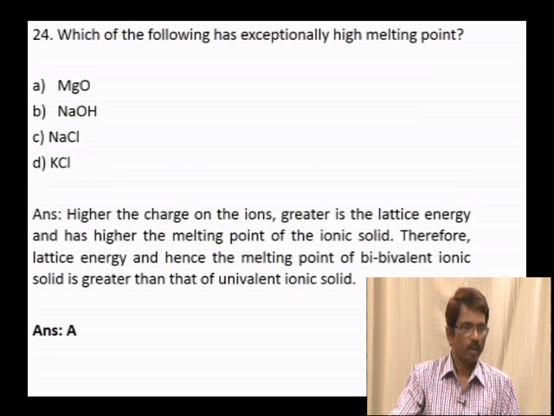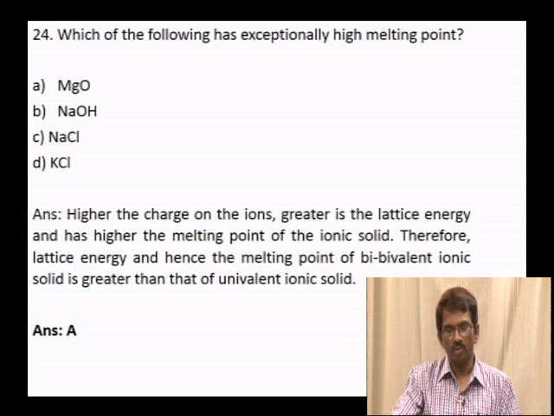Question number 24, which of the following has exceptionally high melting point? The options are MgO, NaOH, NaCl and KCl. Lattice energy is the amount of energy required to break 1 mole of ionic solid into its constituent ions.